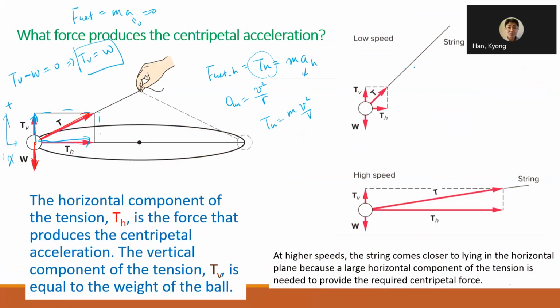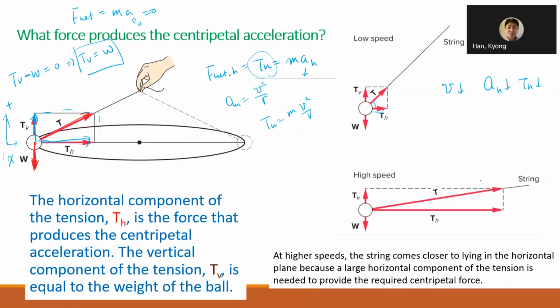Now think of the low speed case. If v is small, then the centripetal acceleration a_H is small, so the tension force is small and the horizontal component decreases, and the angle is like that.